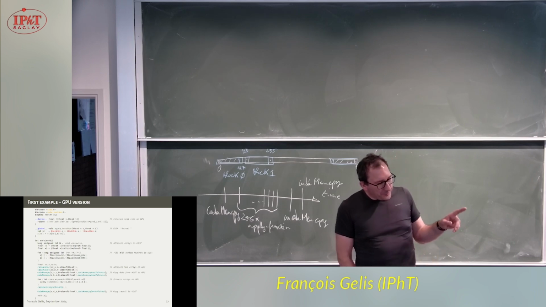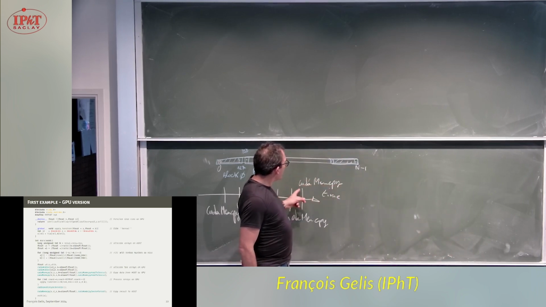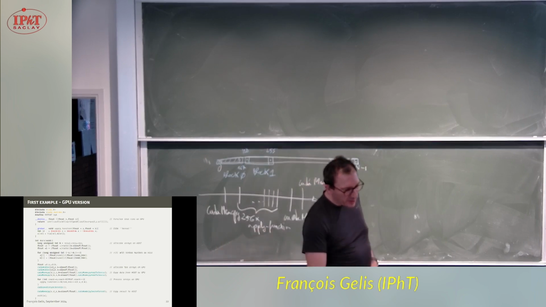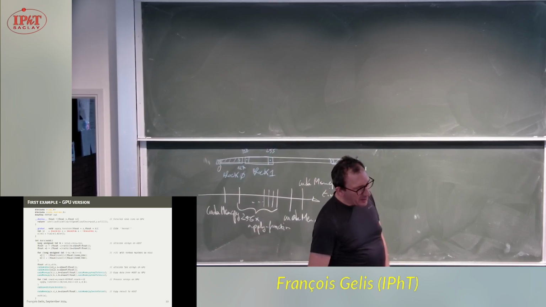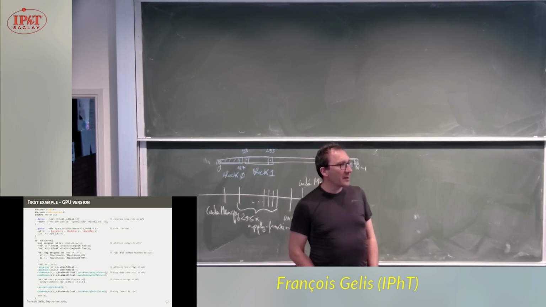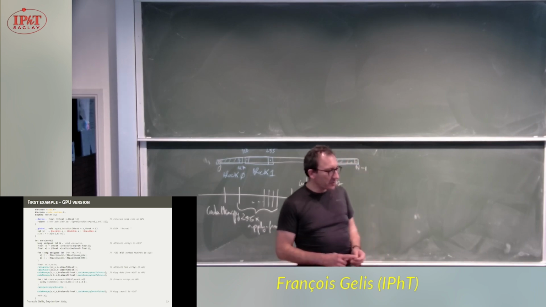Now there are, I should say perhaps right away, asynchronous versions of these functions that return immediately, and with those there is a risk of trying to use the data before it's actually copied. So there are two risks with the asynchronous functions.